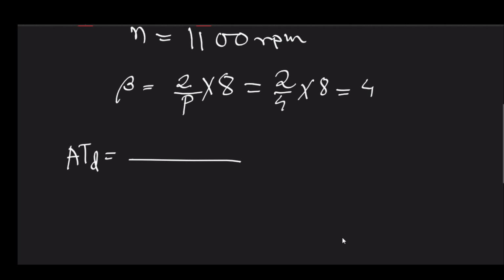ATD is equal to beta Z IA by 360 A. Here they have mentioned ampere turn per pole.